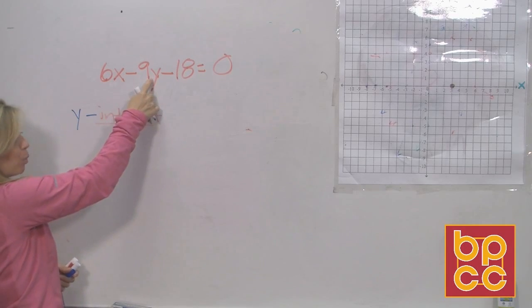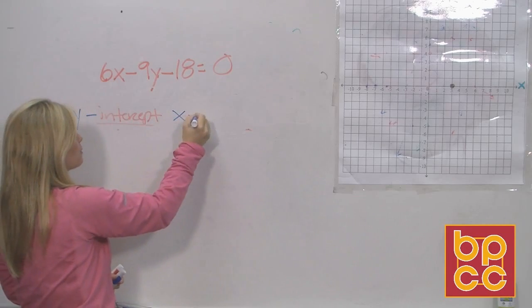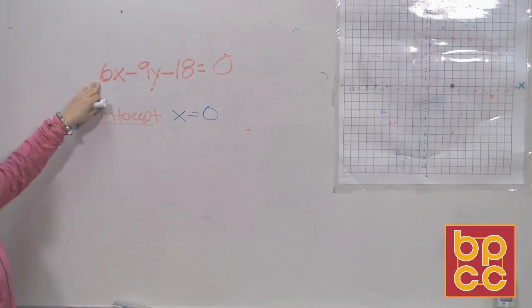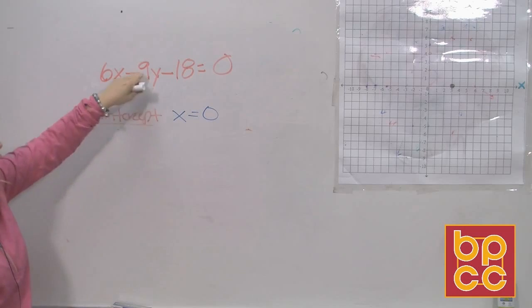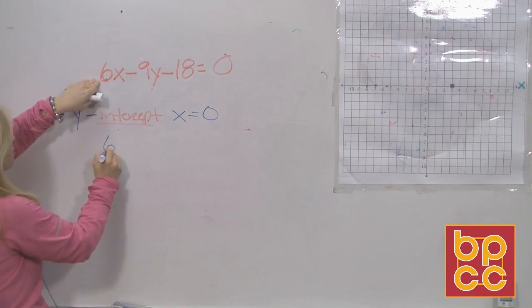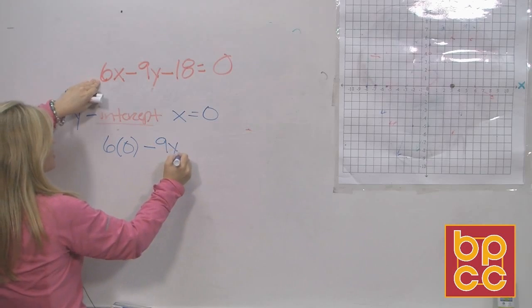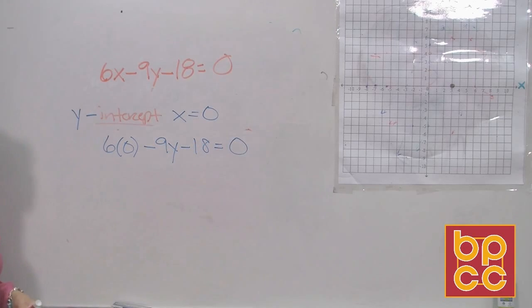I want to keep y, so to get rid of x, I let x be 0. So same equation, I'm now asking to find the y-intercept. So if I want to find y, I keep y. I want to get rid of x by using 0. So I'll write 6 times 0 minus 9y minus 18 equals 0. Simple substitution.